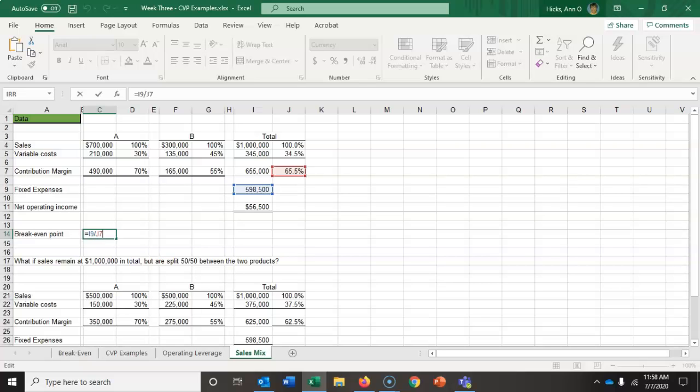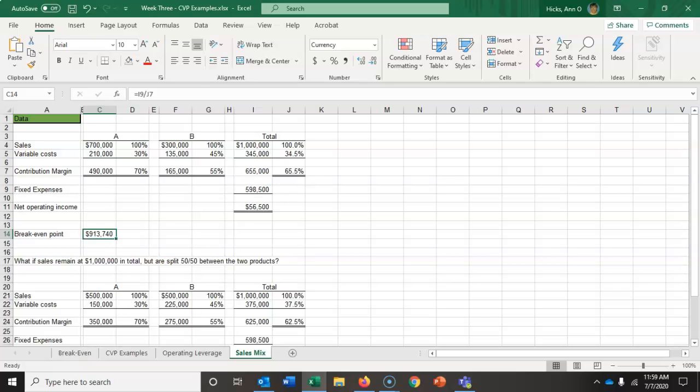And notice I'm using the blended ratio of 65.5%, and that tells me that break-even point in sales would be $913,740.